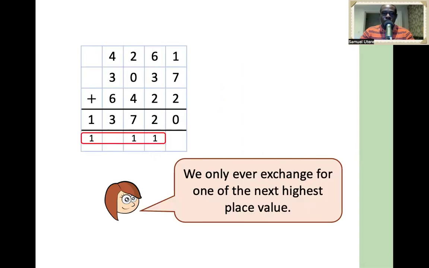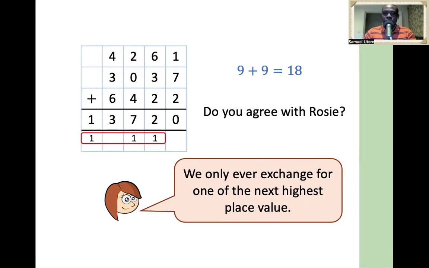Now, here is what this young lady said. She said, we only ever exchange for one of the next highest place value. Is it true? Do you agree with her? Of course not. So, what we do know is if, for example, we add 9, that will be 18.